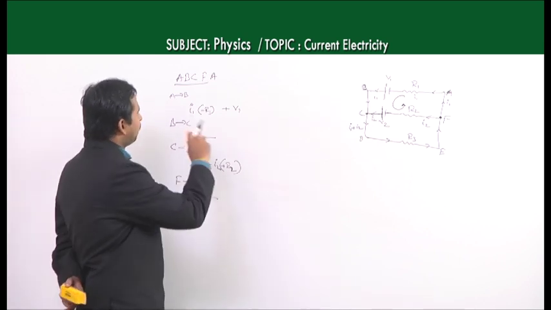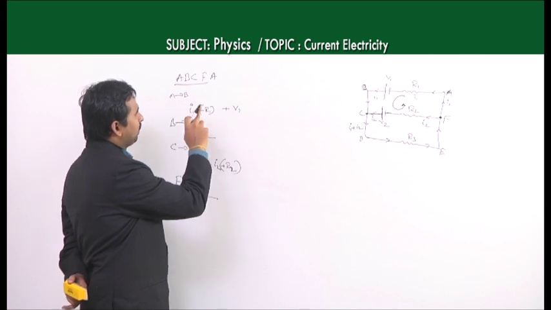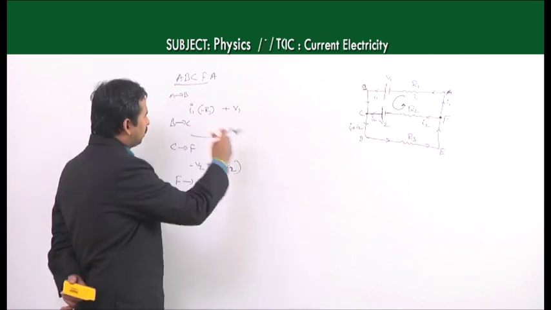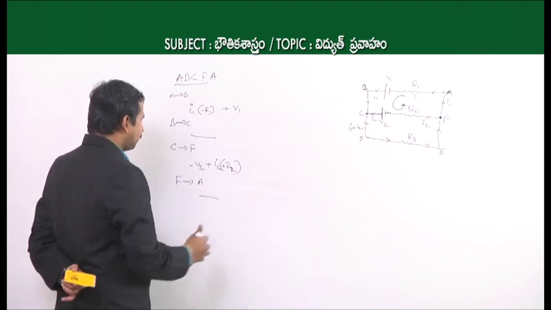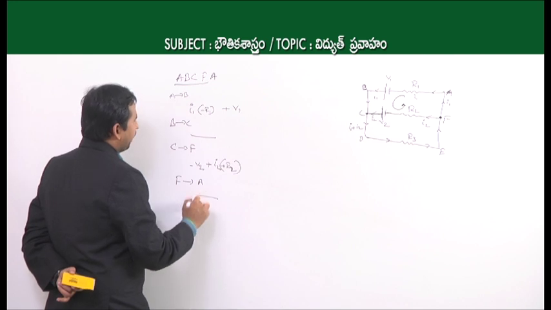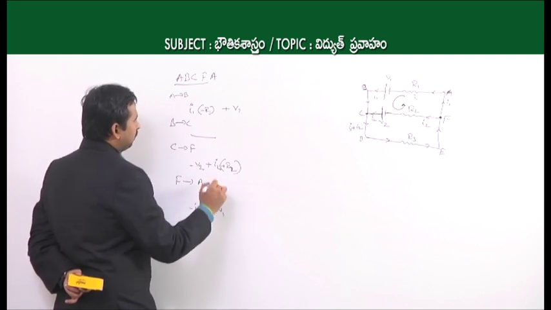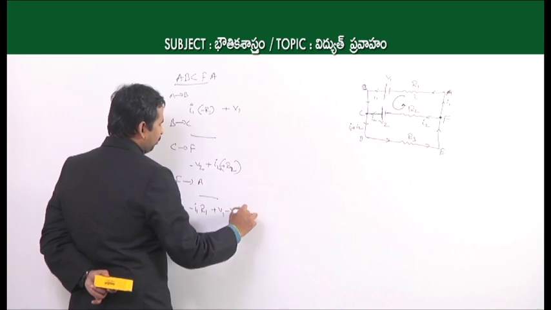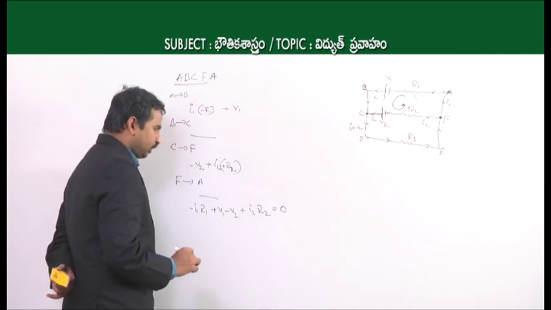So whenever I started from A and came back to A, through C to F and F to A here, I get the total potential difference like this. If you add all of this, minus I1 R1 plus V1 minus V2 plus I2 R2 is equal to 0.